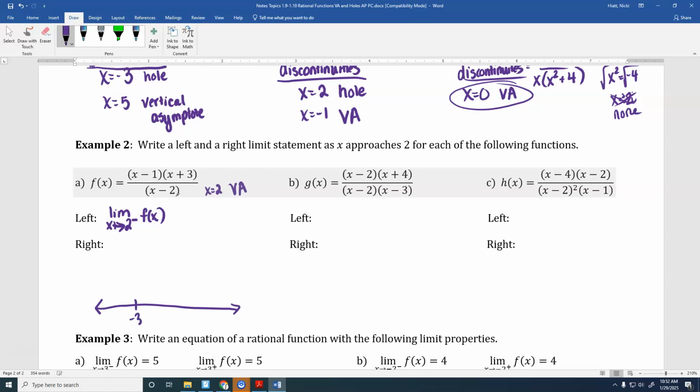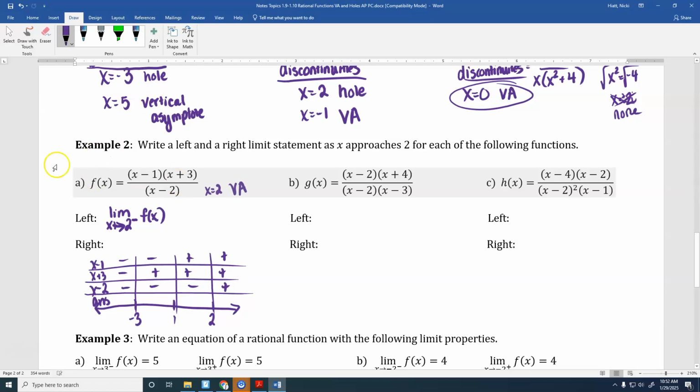So we got -3, 1, 2. We've got x minus 1, x plus 3, x minus 2, and the answer. You really only care right there at 2 if you want to leave some of it off, but I think it's just easier for me to do the whole thing. So I've just filled that in really quickly.